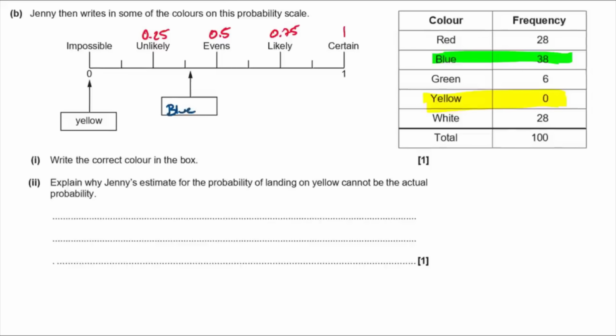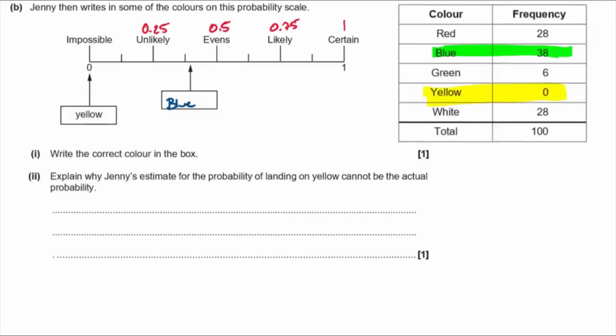Right, explain why Jenny's estimate for the probability of landing on yellow cannot be the actual probability. Well, if you remember at the start of the problem, it was described as a 5-sided biased spinner, so it's kind of weighted to one side. So when you spin it, it's more likely to land on one of the other colours than it is to land on yellow.